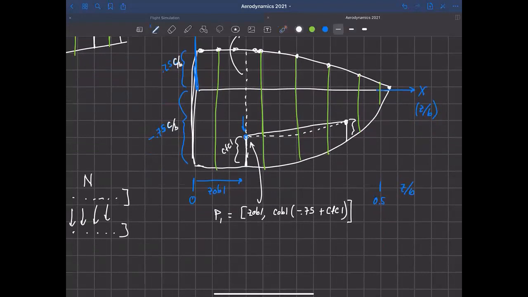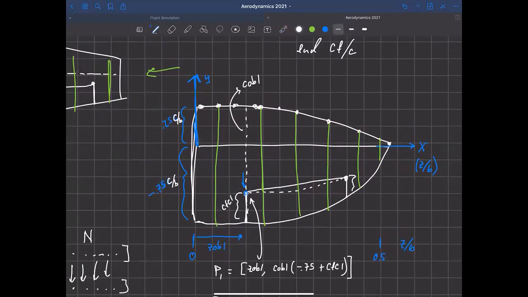So we can repeat this entire process and find point 2 by simply using all of the information that was given to us about the tip location. If we draw a line all the way over to the tip, this is called Z over B2 and CF over C2.